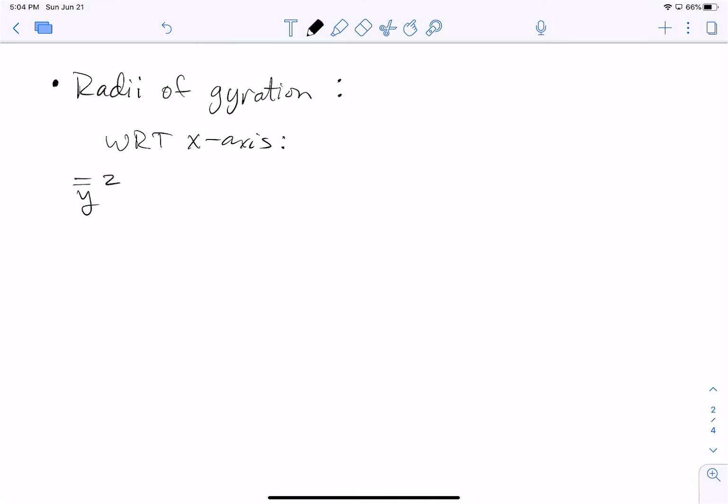And finally, we have something called radii of gyration. I do not make this up, folks. The radius of gyration with respect to the x-axis is given by y double bar squared equals I sub x, the moment of inertia about the x-axis, divided by m, the total mass. And the radius of gyration with respect to the y-axis is x double bar squared equals I sub y divided by m.